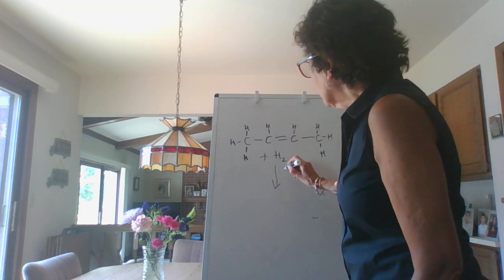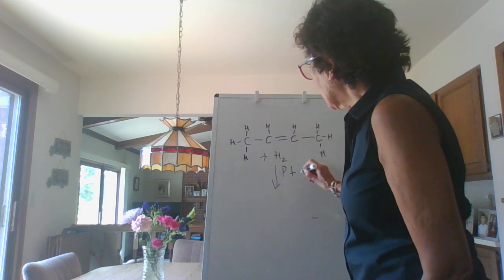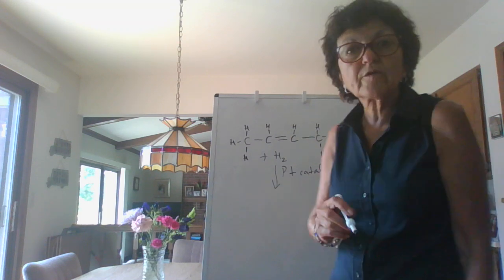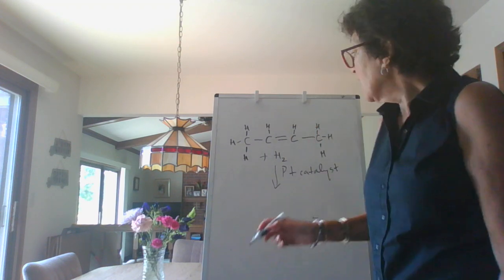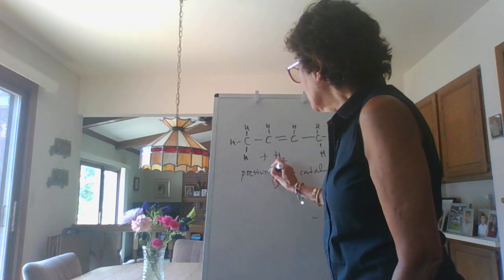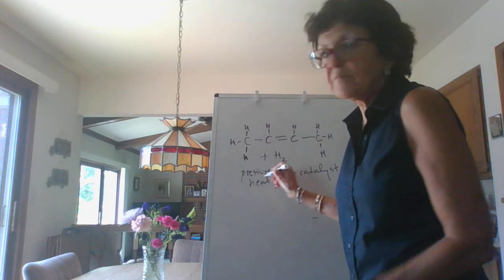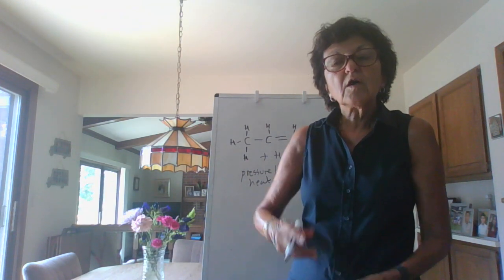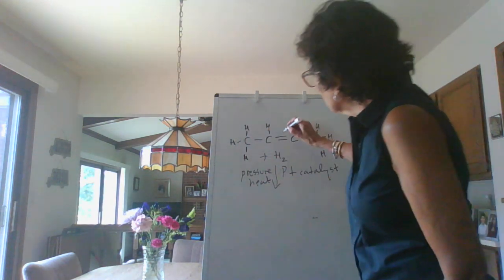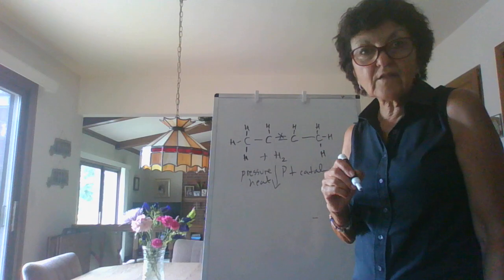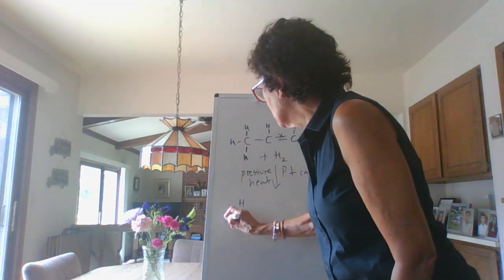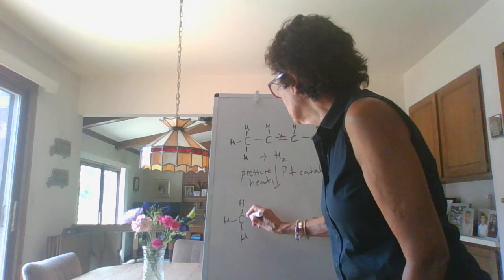If you have a platinum catalyst, sometimes they'll use platinum or they'll use a nickel catalyst, and you have pressure and heat. Like, this is not something you can do in the lab, you know. So you need pressure, heat, platinum catalyst. This bond will break, okay? The double bond will break. And then what will you see?